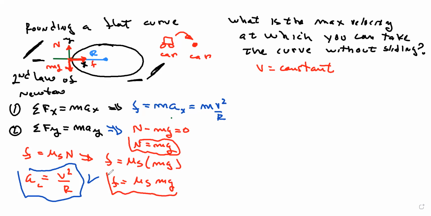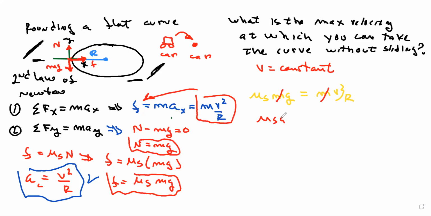So we got our friction, and we go back and plug it over here in this equation right here. So we have that mu s mg is going to be equal to the mass times velocity squared over r. So what can we do here? We can get rid of the masses. You can cancel the masses.